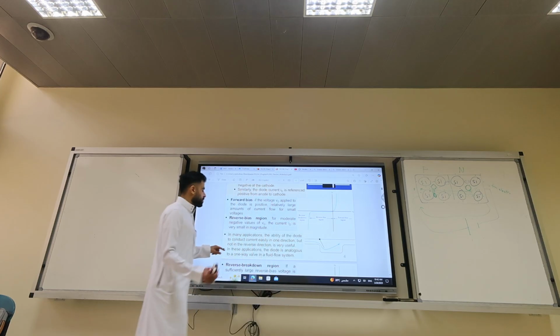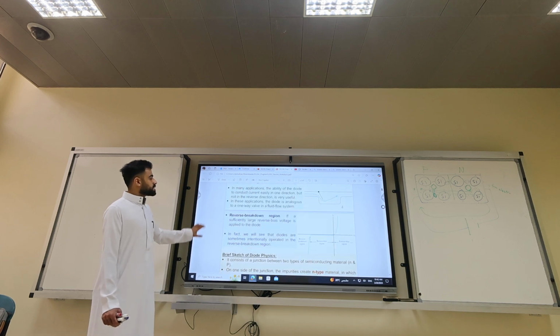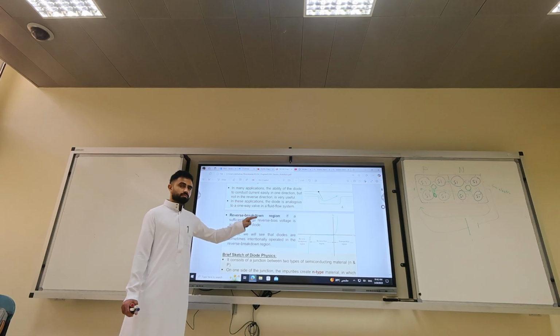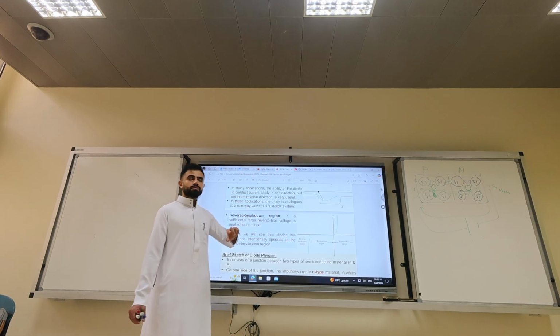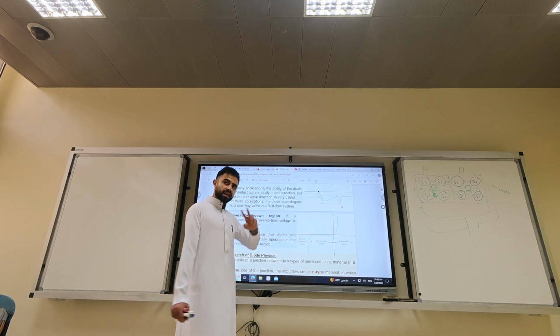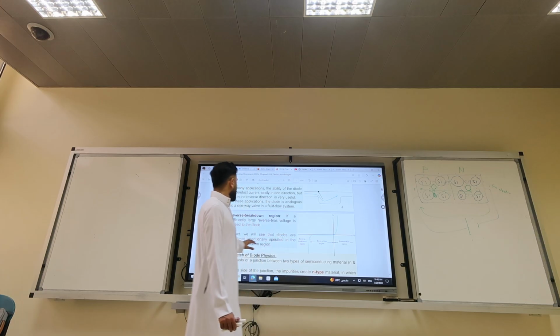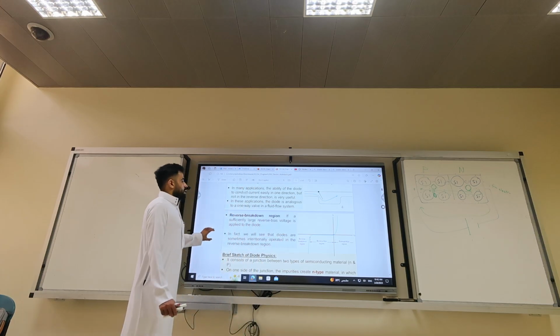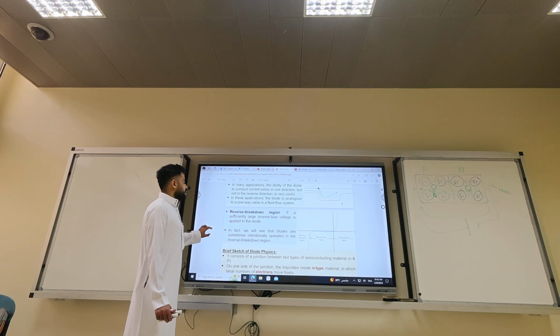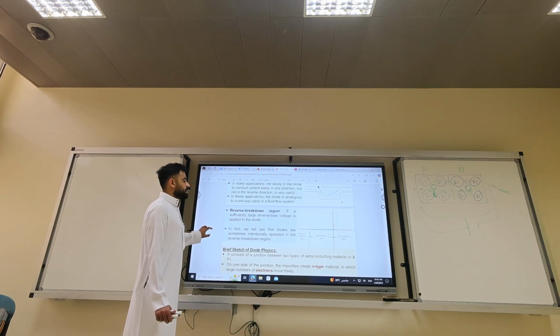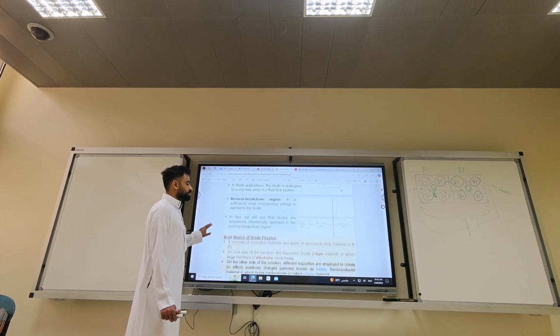That is how the diode works. The last region is the reverse breakdown region. If a sufficiently large reverse bias voltage, any large negative voltage, is applied, the high current will also move, okay?